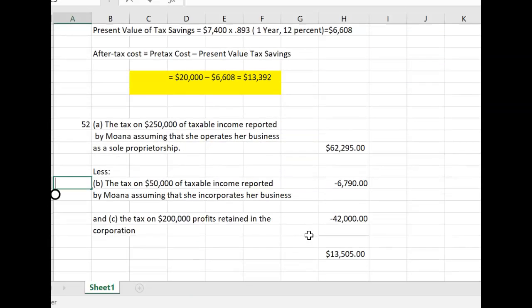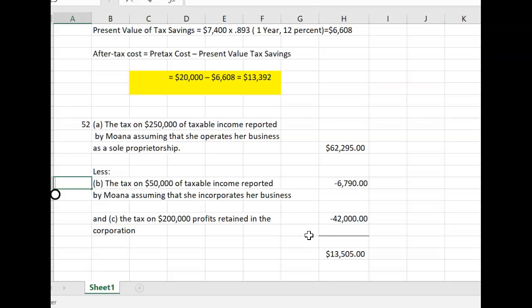Now, the next question I'd like to go over with you is 52 in your textbook. It's a little different, but let's look at it. Mayona is a single taxpayer who operates a sole proprietorship. She expects her taxable income next year to be $250,000, of which $200,000 is attributed to her sole proprietor.